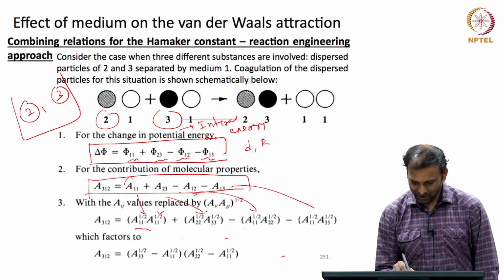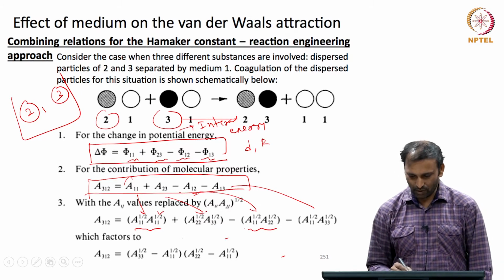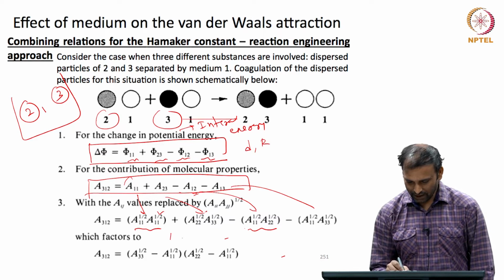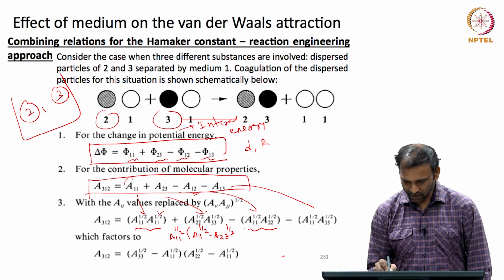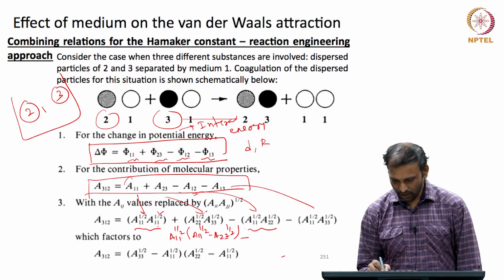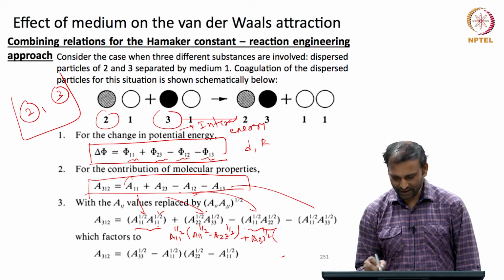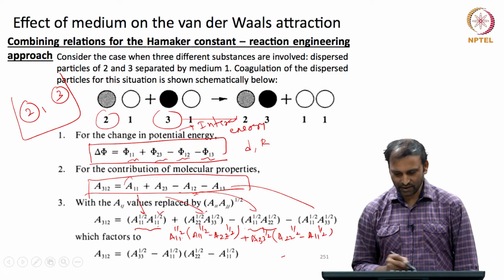If you look at these two terms, A11 to the half is common. So, I can take it out, and I have A11 half minus A22 half. Is that okay? That is with these two terms. Plus I have A33 half, I have taken it as common. Now, I have A22 half minus A11 half, that is okay.